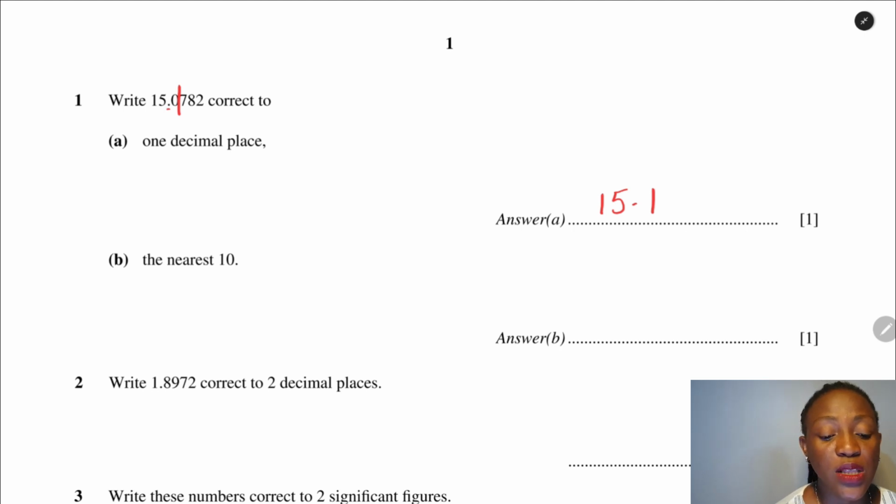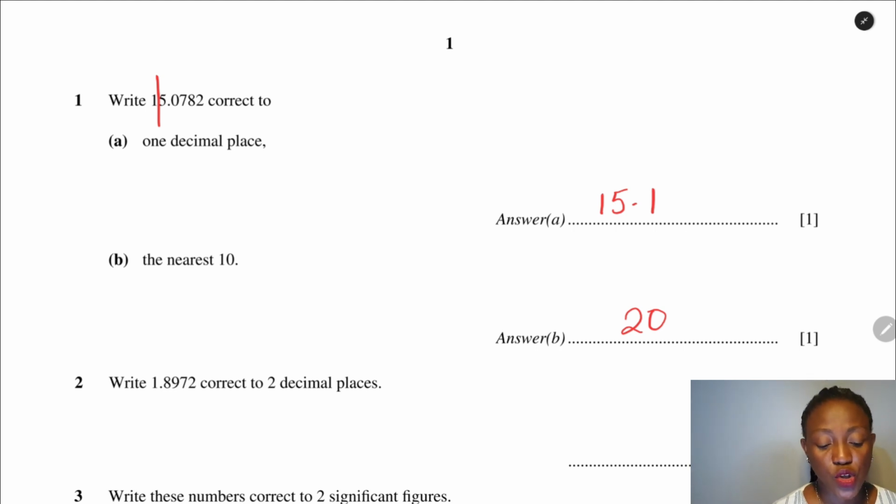So if we are rounding to the nearest 10, our slash should be between 1 and 5. Remember, we consider the digit after the position we're looking at. The digit here is 5. So to round 15.078 to the nearest 10 will be what? 20. We're rounding up. Why? That digit after the place is 5.